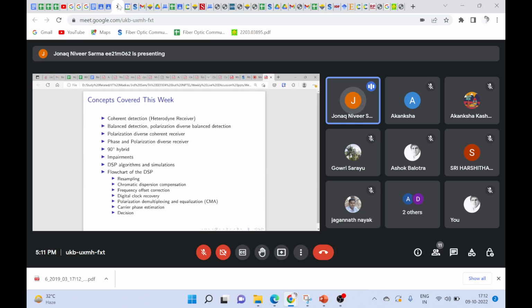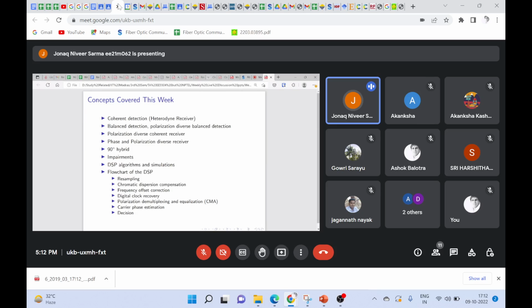And we ended with a flowchart of how the different DSP algorithms are applied at the end. There were a lot of diagrams and a lot of formulas, but they were not very complicated. I did not go ahead and draw all of the diagrams again. I hope you took notes. So the final flowchart we discussed was this: how to resample whatever the ADC gave us, then chromatic dispersion compensation.